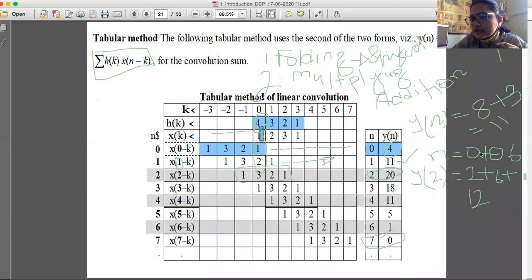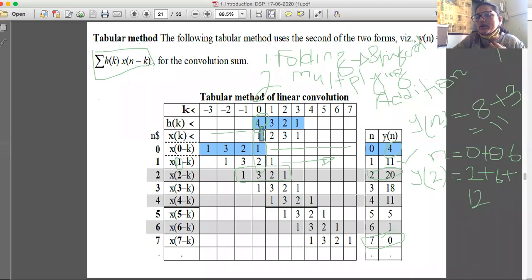As the first point of n is 0, I need not perform any shifting operation. Here we have already calculated x of minus k by just performing the folding operation, so I don't have to shift the sequence.